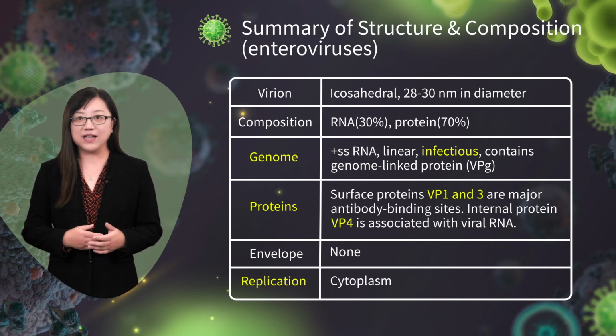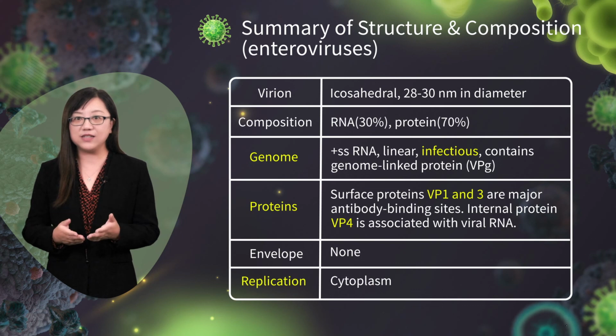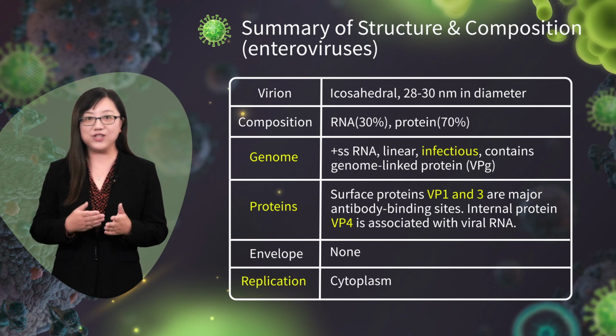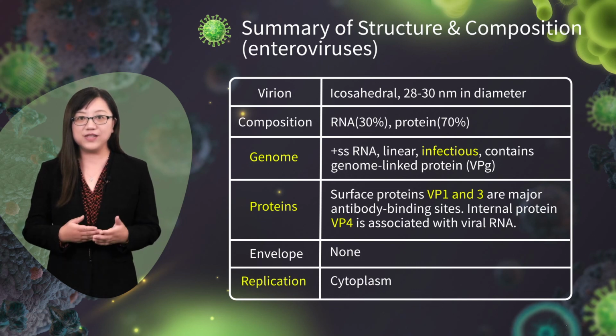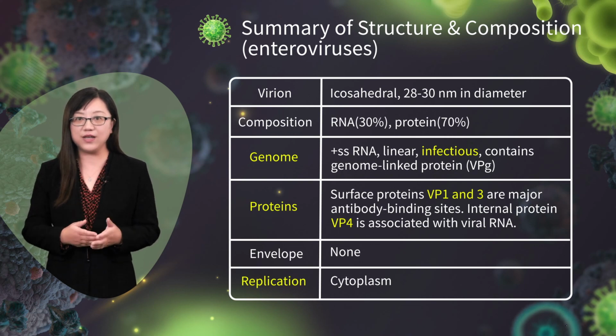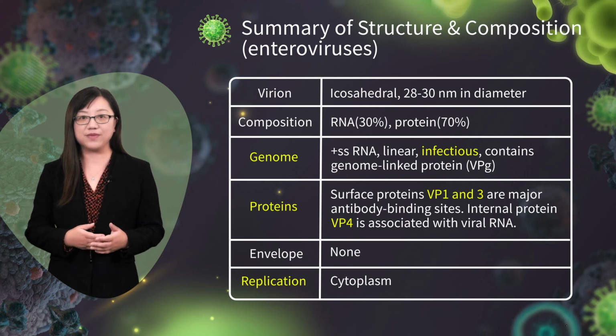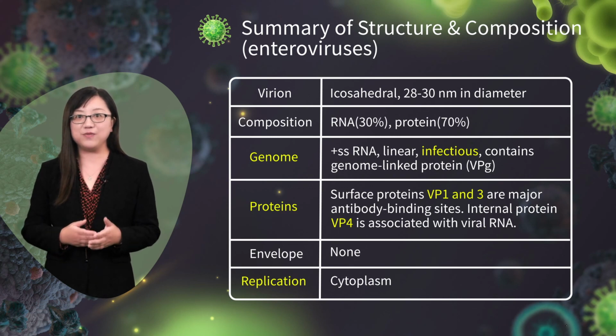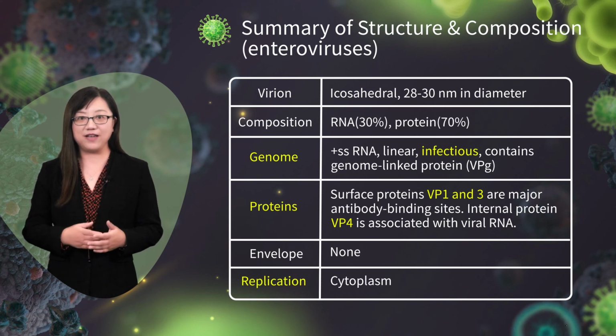Infectious: contains genome-linked protein, VPg. Proteins: surface proteins VP1 and VP3 are major antibody binding sites. Internal protein VP4 is associated with viral RNA. Envelope: none.